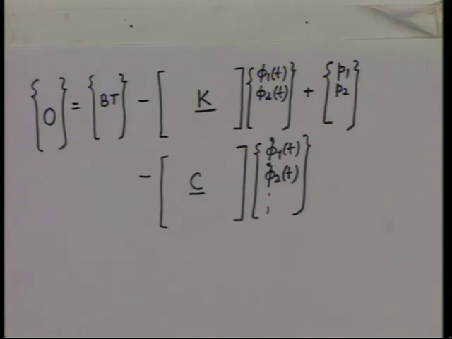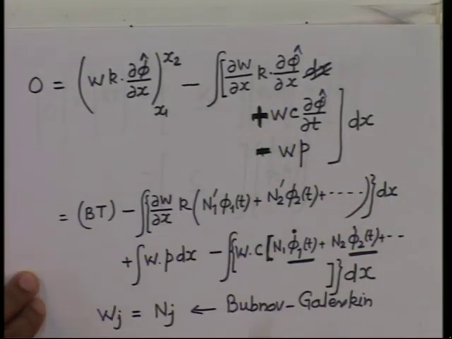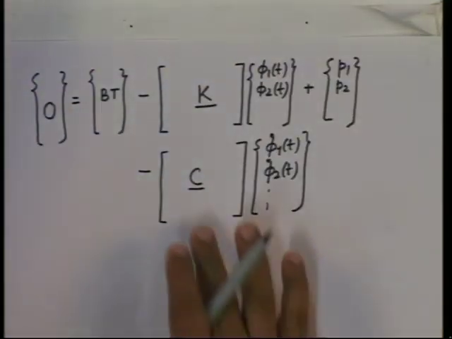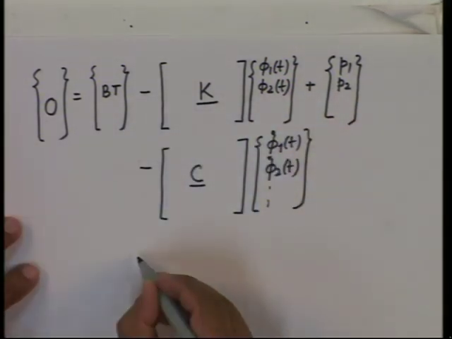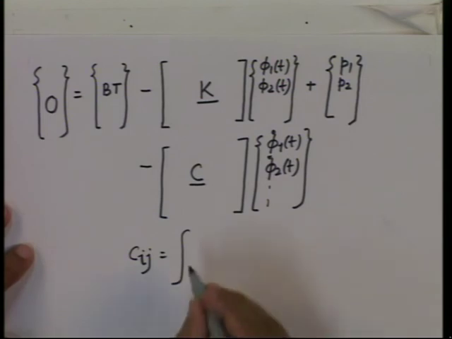So in general, j going from 1 to n, i going from 1 to n, there are n nodes in the problem and I have to write down all the equations at all the n points. So this one also is going from 1 to n and then this j also. So I will have j equations, therefore all will be square matrices. K and everything else is defined except C. So each term of C_ij will look like what?